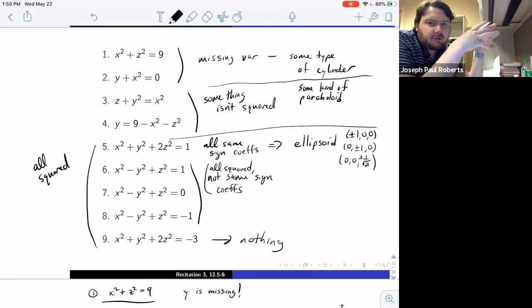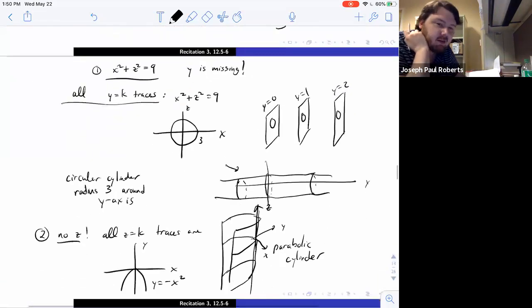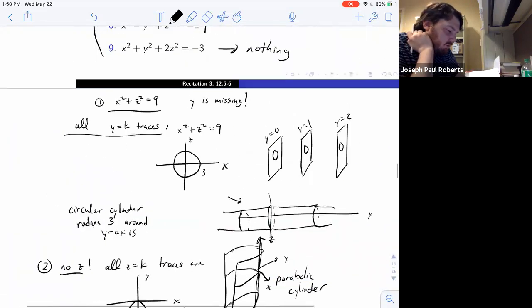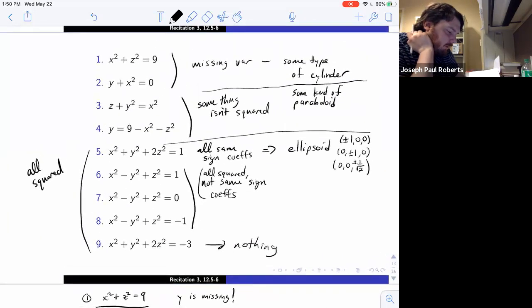You don't really have to get your hands too dirty with the traces to understand what's going on. I did here just to reiterate why these give us what they give us. But once you practice this some, I think equations 1 through 5 and 9 you can just basically have memorized. 6, 7, 8 is going to be the real trouble. And so these are the tricky ones.